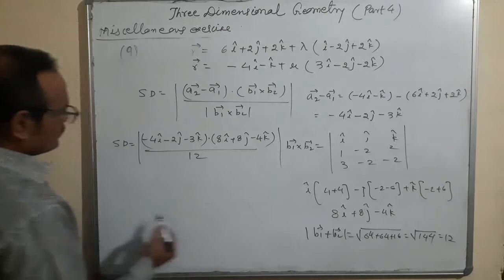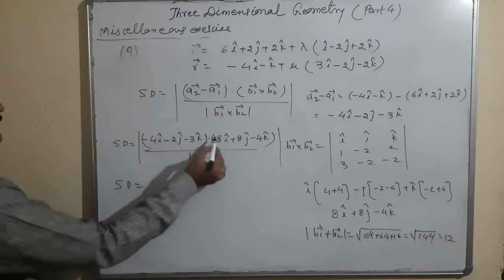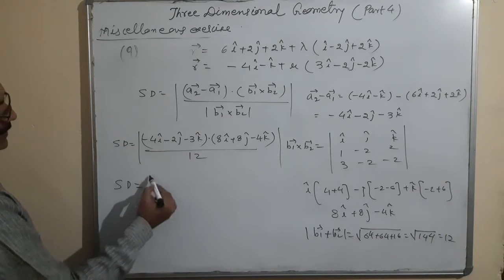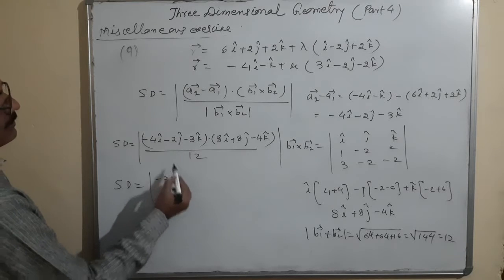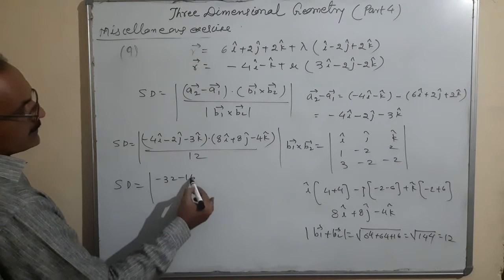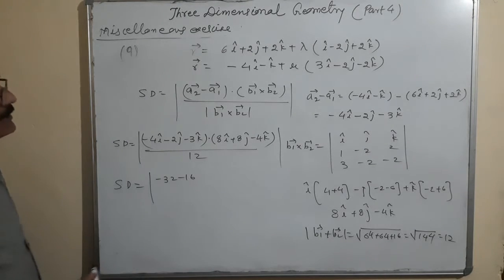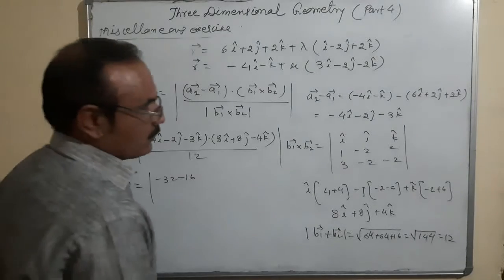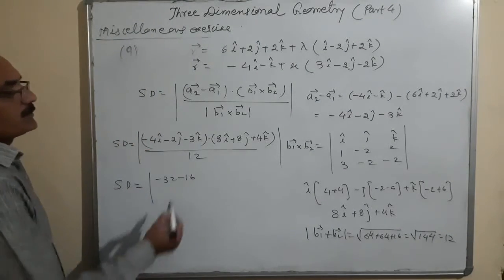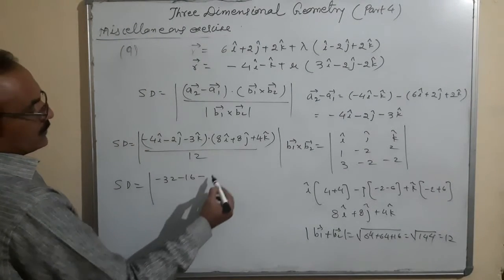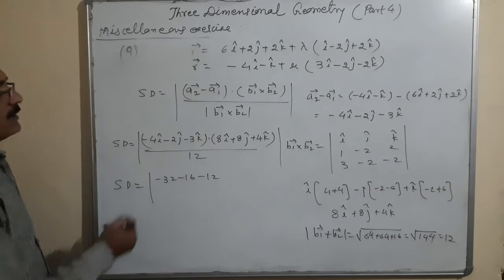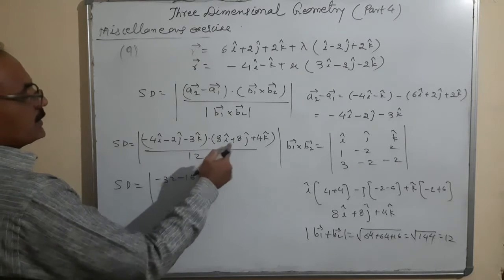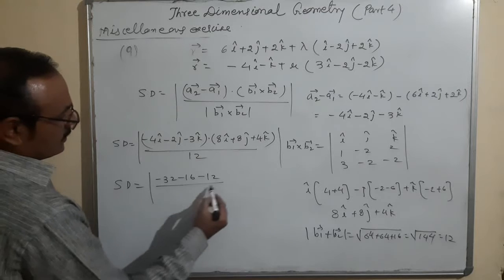So the shortest distance is equal to the dot product: 8 fours are 32, minus 2 times 8, it is minus 16, and plus 4 times 3, it is plus 12, upon 12.